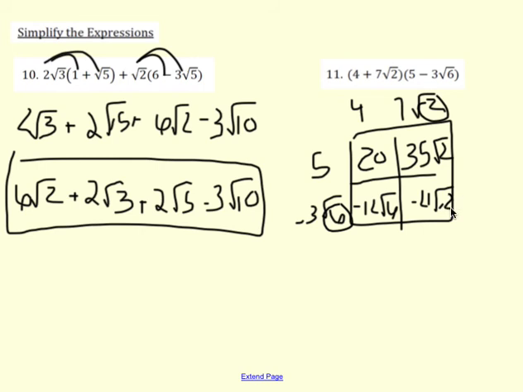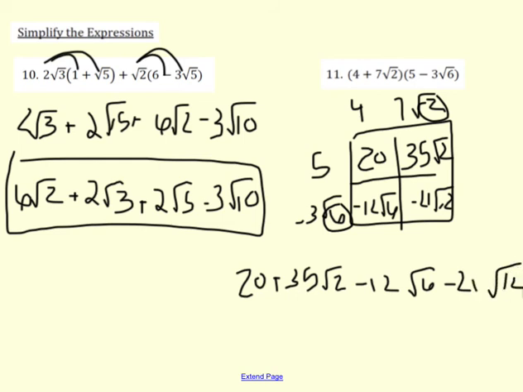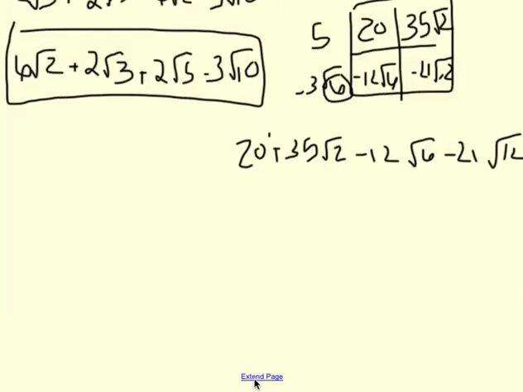So now I'm going to write out all the terms that I have. So I have 20 plus 35 square root of 2, minus 12 square root of 6, minus 21 square root of 12. So the only thing I have left to do is to break down that 12. So 12 is going to break down to 4 and 3, and then it's going to break down to 2 and 2. So let's go ahead and write that out.